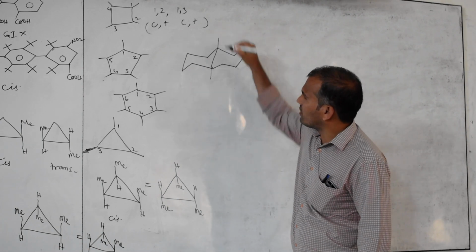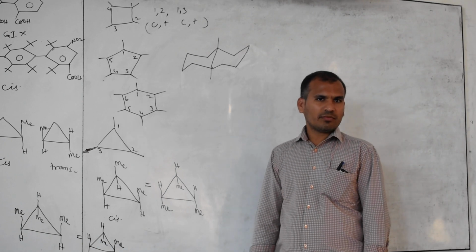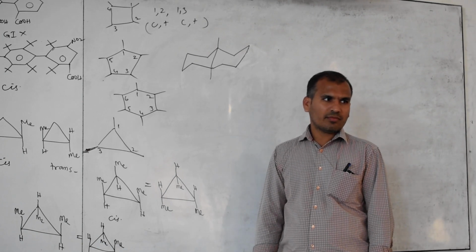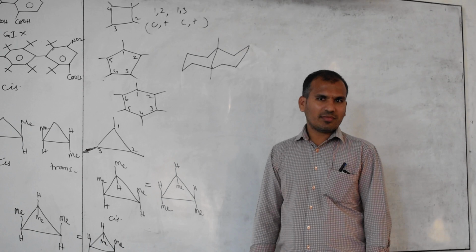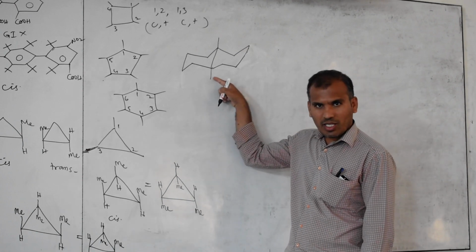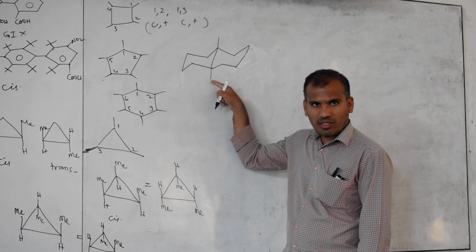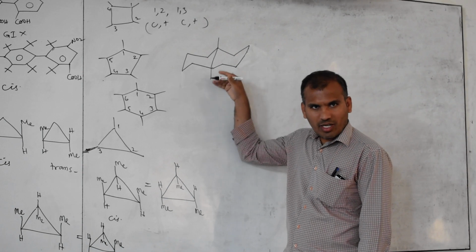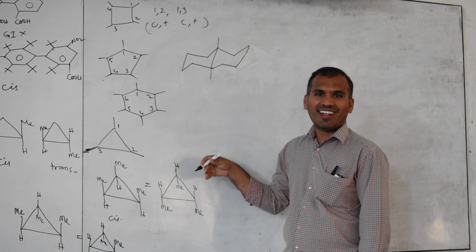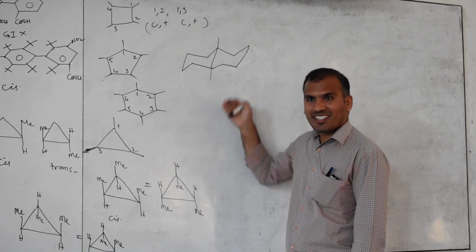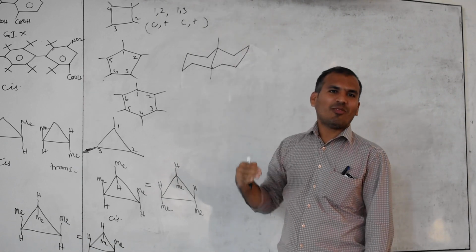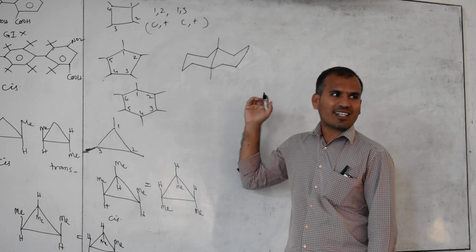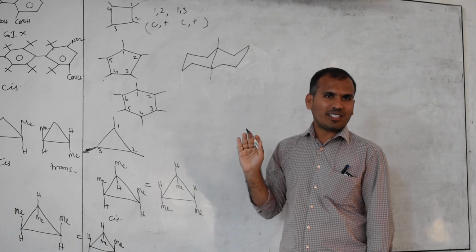This and this. What is this? Down or up? Is it not looking down? It is looking down only. This is up. Down, up, trans. This is trans form. Is the concept clear?